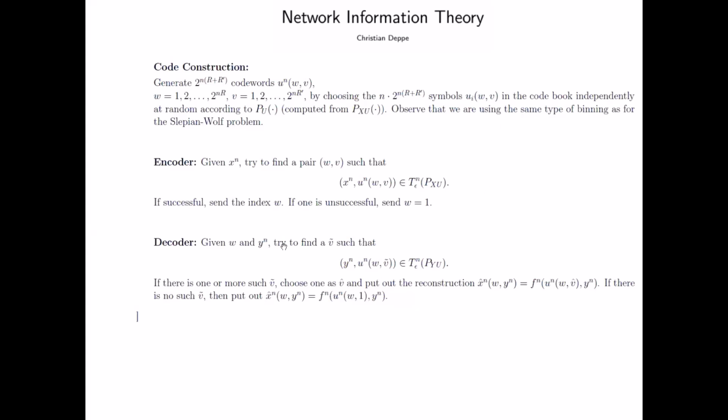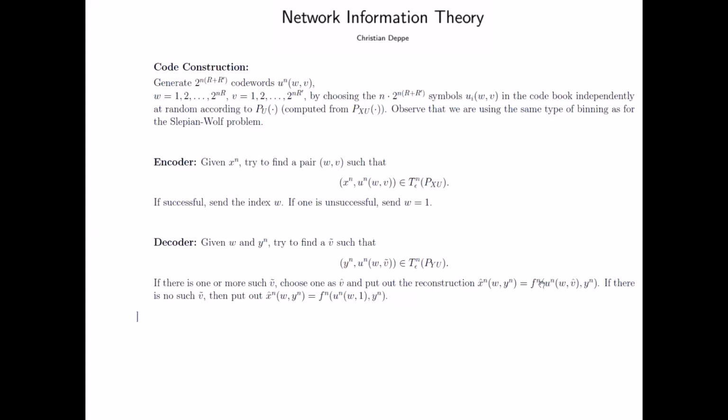Now the decoder, of course, has the same codebook as the encoder. He received W and he received Y^n, and now he tries to find a v tilde such that Y^n and U^n(w, v tilde) are jointly typical concerning Y and U. If there are one or more such v tilde, choose one as v tilde and put out the reconstruction X hat^n.